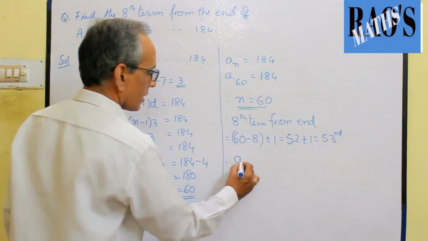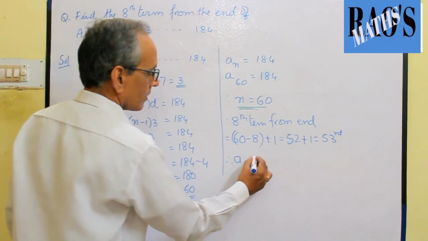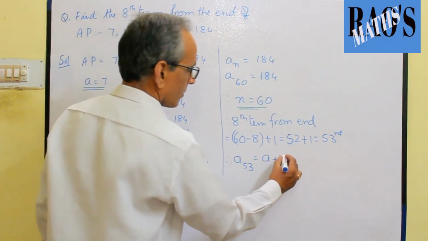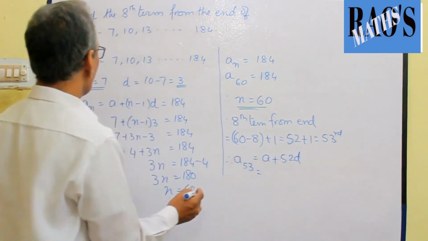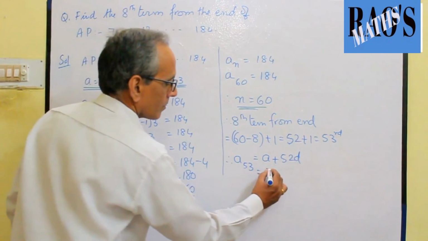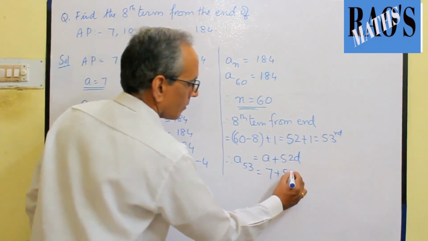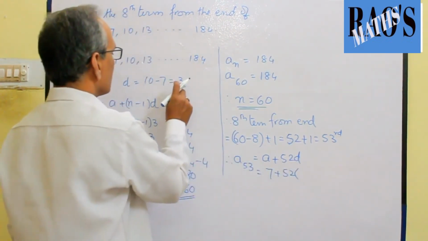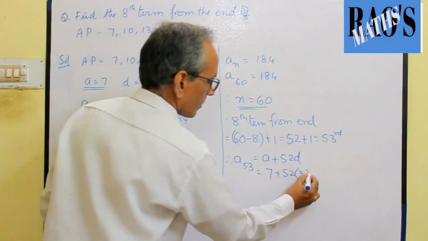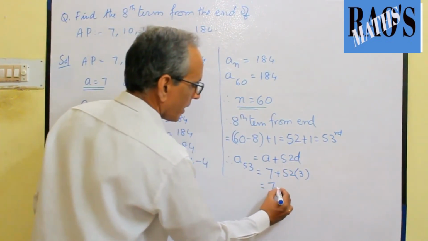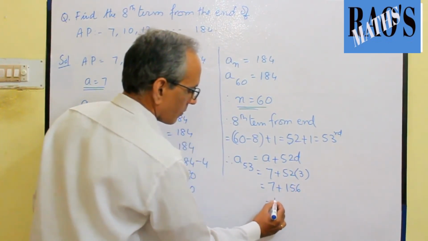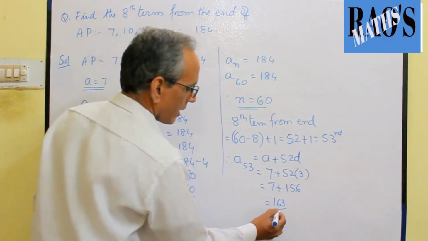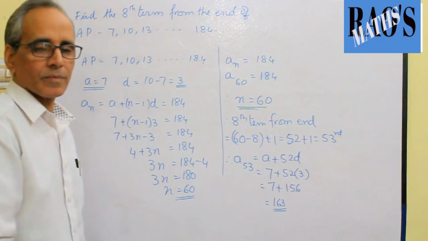Therefore the 53rd term is equal to a plus 52d. So a is 7, plus 52 times d, which is 3. That is equal to 7 plus 156, that is 163, the 8th term from the end.